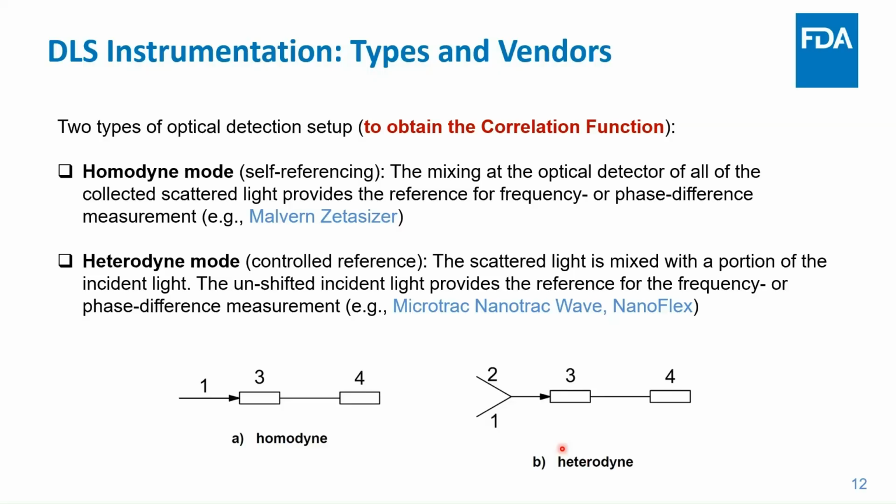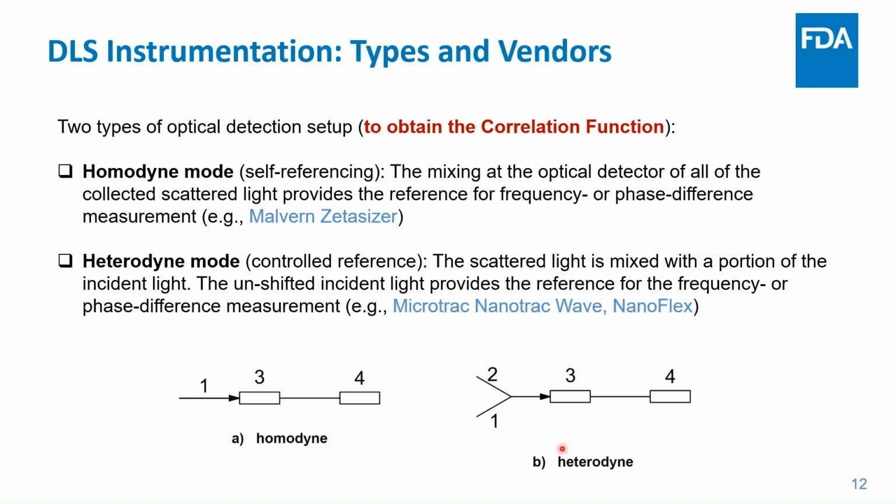Whereas in the heterodyne system, you have some amount of the reference, the initial intensity of the laser light, that is unshifted and measured. In that case the signal is proportional to the original intensity times the scattered intensity off of your sample. Typically that means a heterodyne system has a much higher signal to noise ratio. It is a less typical way of measuring it; there seem to be more homodyne systems out there.